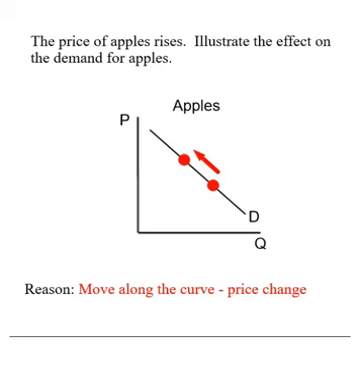Doesn't matter where you start, but the arrow direction is important. If the price is rising, you want the arrow to be pointing towards the price increasing. The price at the new location is higher than the price of the original one. You're not going to write D2 anywhere because D2 stands for a new demand line, and we don't have one. It's the exact same. So this is all you need to show the move along the curve.